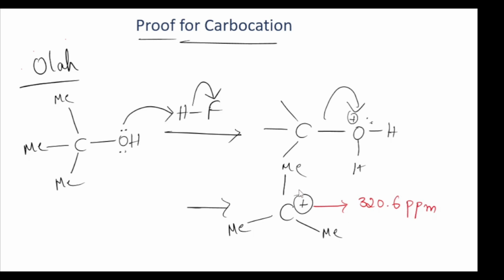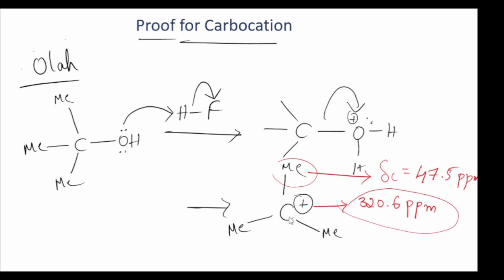This is the indication of formation of carbocation over here. For these methyl groups, the carbon NMR spectrum shows delta C of 47.5 ppm. This is the proof for the formation of carbocation. This high chemical shift confirms the formation of carbocation.